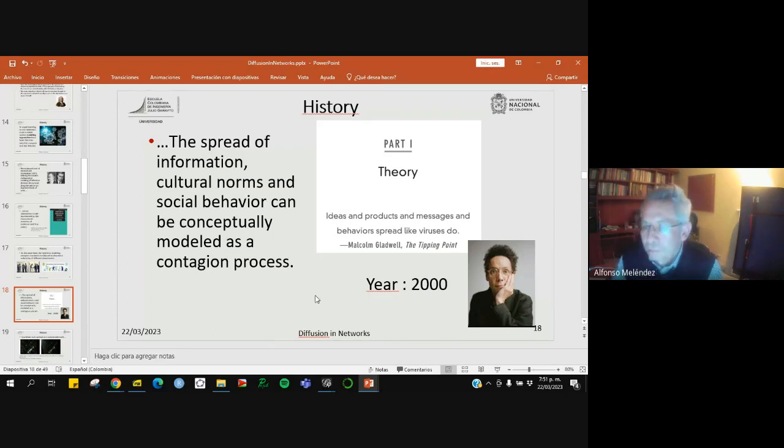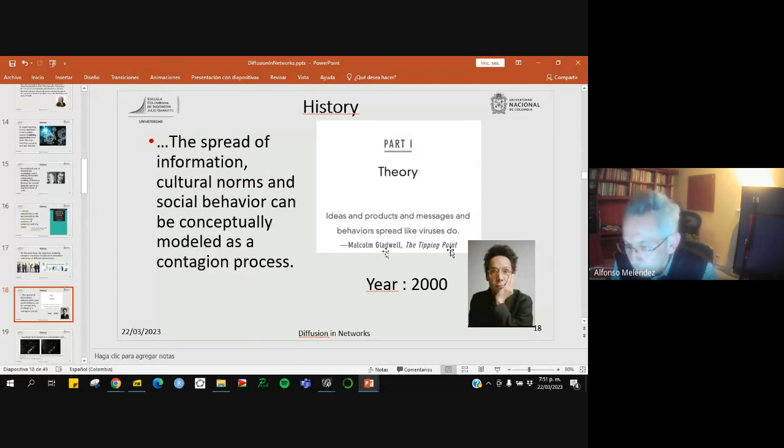Because of that, an author called Malcolm Gladwell, I don't know if this is a very famous book, it was a bestseller in 2000. I don't know if some of you have read the book. It's called The Tipping Point.